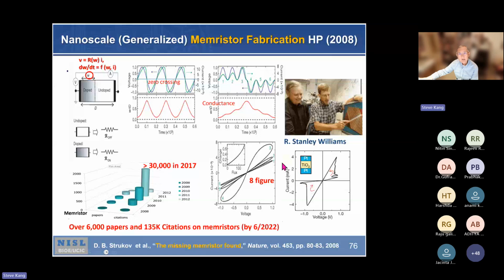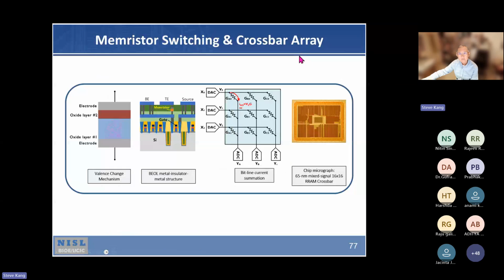That was the main event. In fact, at the time, I was a translator to UC Merced. Leon Chua and Stan Williams called me, said we found this memristor, so we needed to have a workshop. I will explain that later.